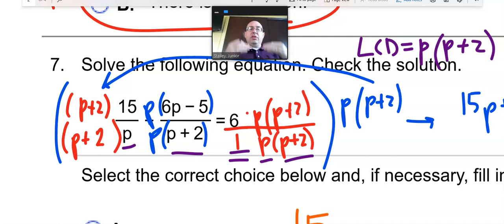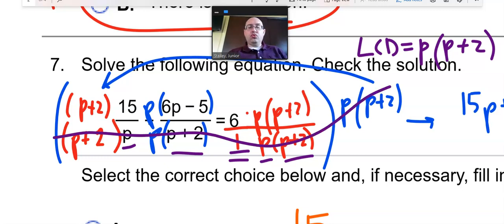So, if it's missing something, you have to multiply the top and bottom by that value. Now, p and p plus 2 get multiplied times the whole thing, and then beautiful things happen, right? All that stuff's gone. Now, keep in mind, if I get an answer of 0 or negative 2, I will have to throw them out.